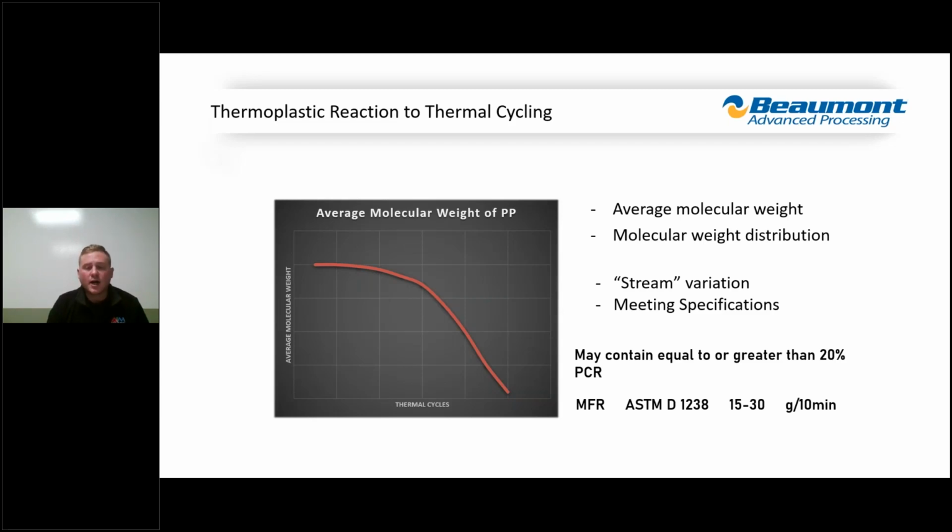And furthermore, if you're familiar with MFR or melt flow rate testing, the specific material I pulled off was 15 to 30 grams per 10 minutes. And melt flow rate testing can be used to understand and compare average molecular weight of your similar materials. And in this case, you can see that 15 to 30 is a fairly wide spec. So these materials are meeting spec. They're within tolerance, but they are fairly wide spec. So you can be prepared from lot to lot to see a fair amount of variation.